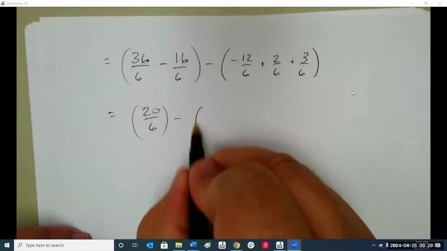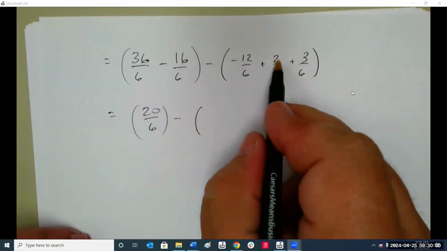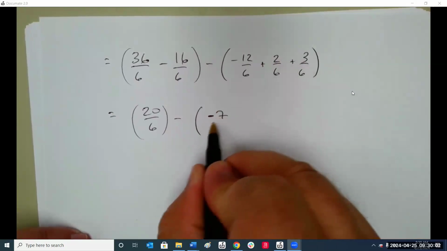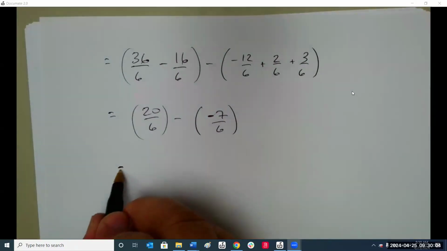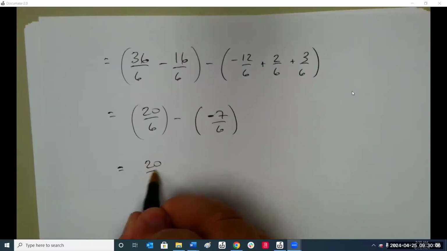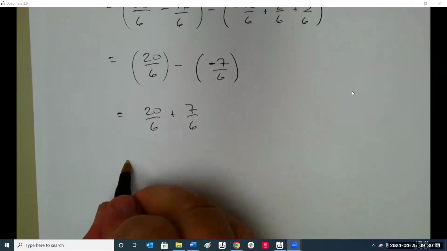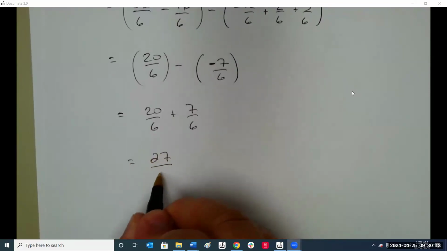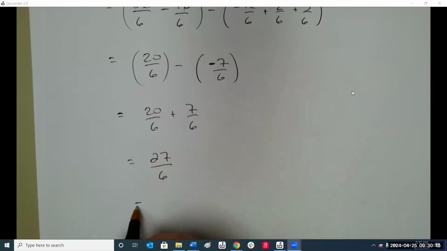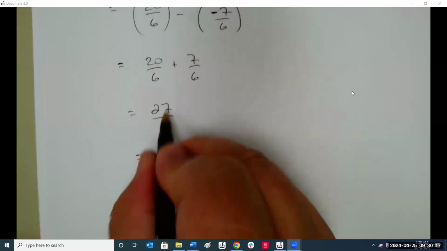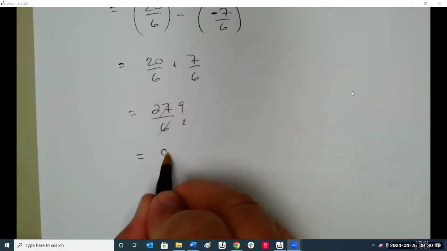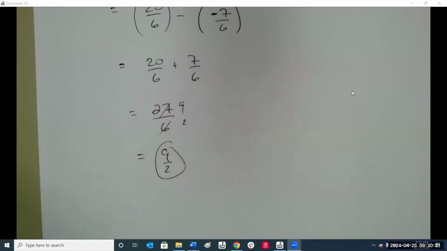20/6, minus 10, minus 7/6. So 20/6 plus 7/6 is 27/6. They both have a 3 in common, so 9/2.